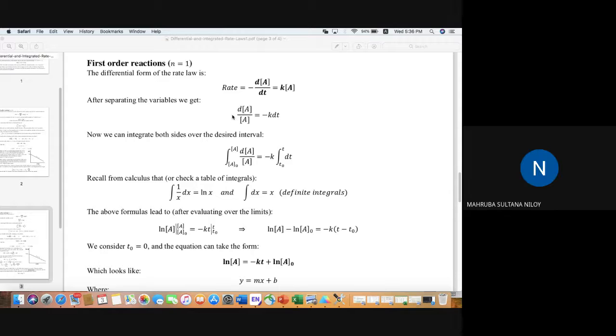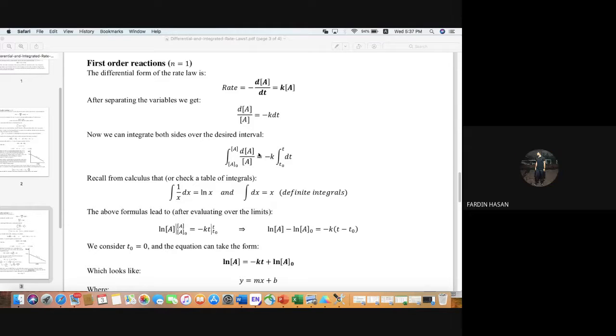Okay, so there is a formula. If we integrate 1 by x dx, then we will get ln x. And this one we've already discussed, right? Yes, sir. So what will be the value if we integrate dA by A? We can express it as 1 by A dA, right?